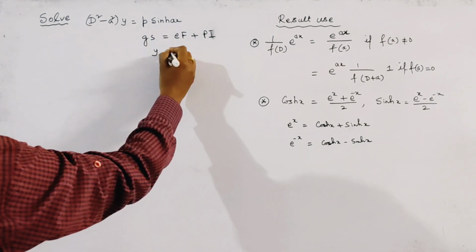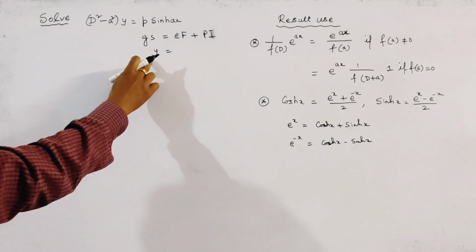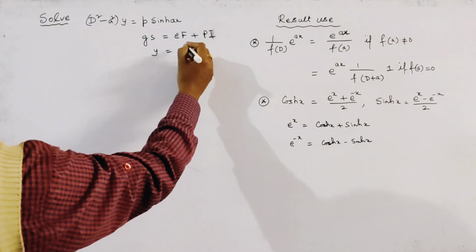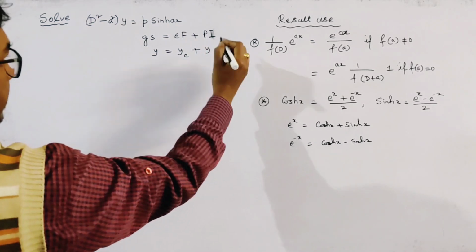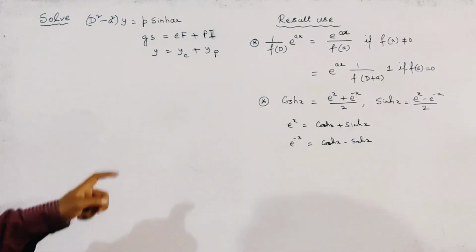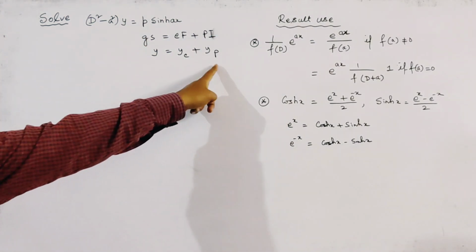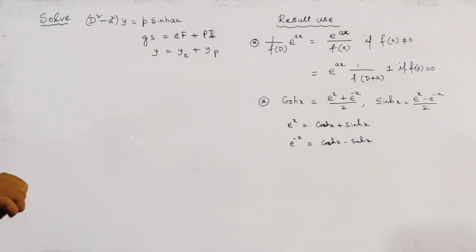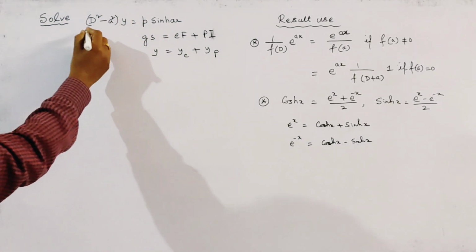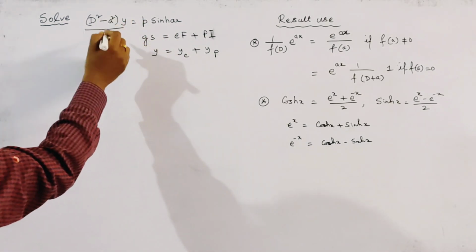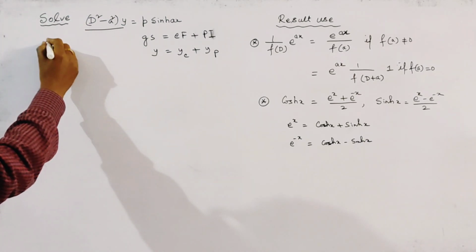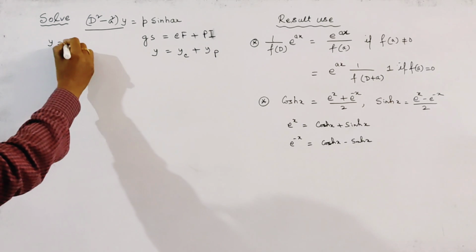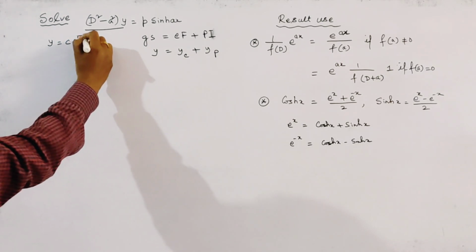We let the general solution be y, the complementary function be yc, and the particular integral be yp. So we have to find the values of yc and yp one by one from this equation. For this type of equation, we first let the trial solution of the homogeneous part be y equal to c e to the power mx.